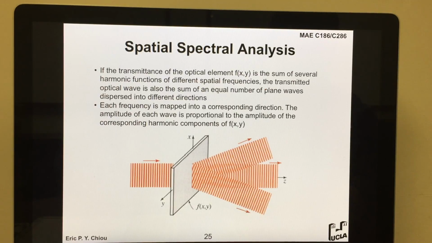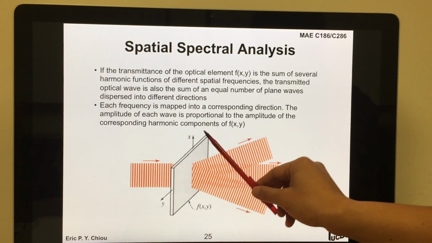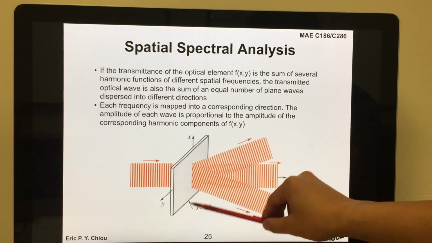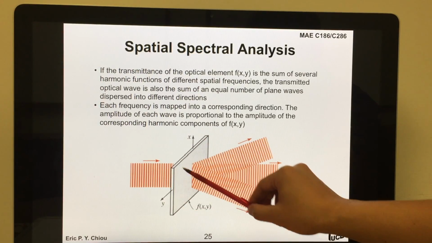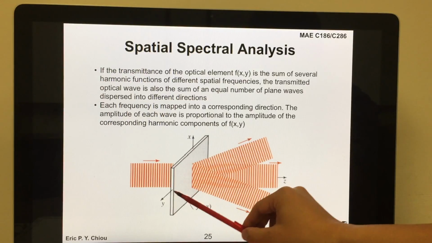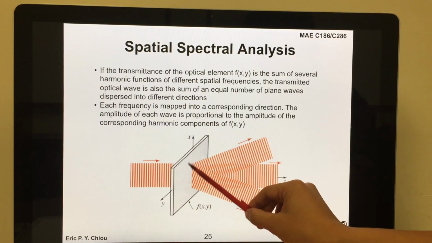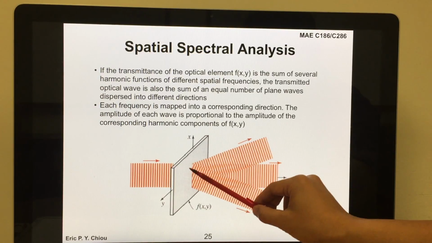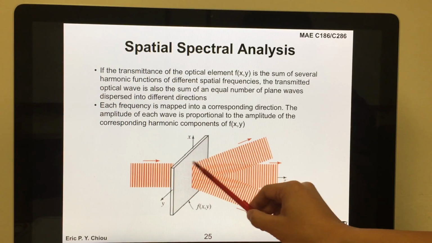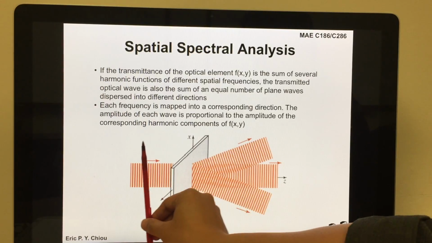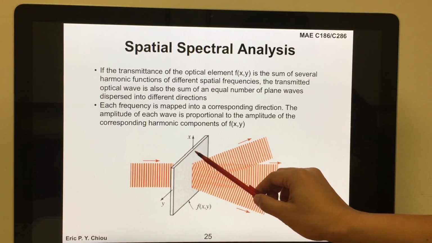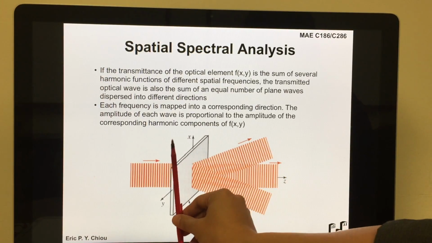So the way to look at any image in space, in any image plane or object plane, is that you have a plane wave come in, and because you have some kind of structure on this plane, after the plane wave is transmitted, you will create some kind of light pattern on this plane.